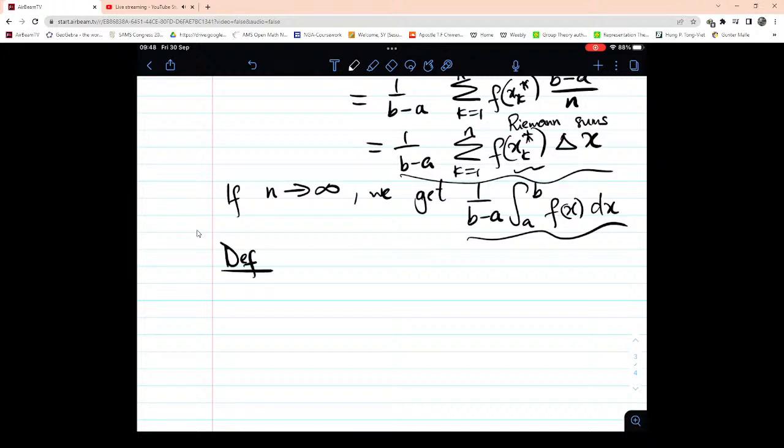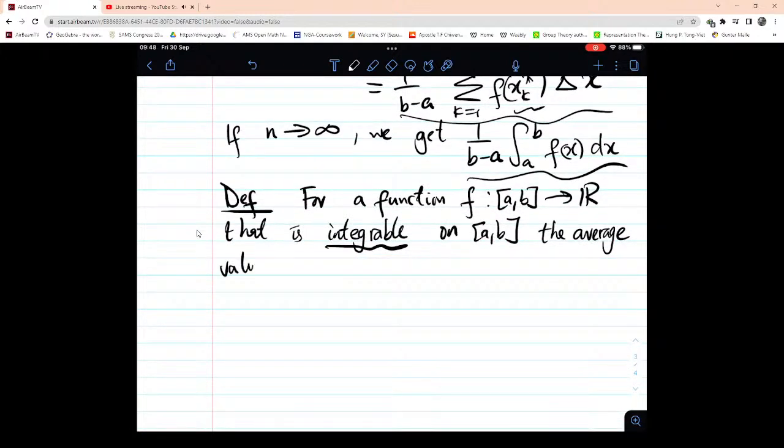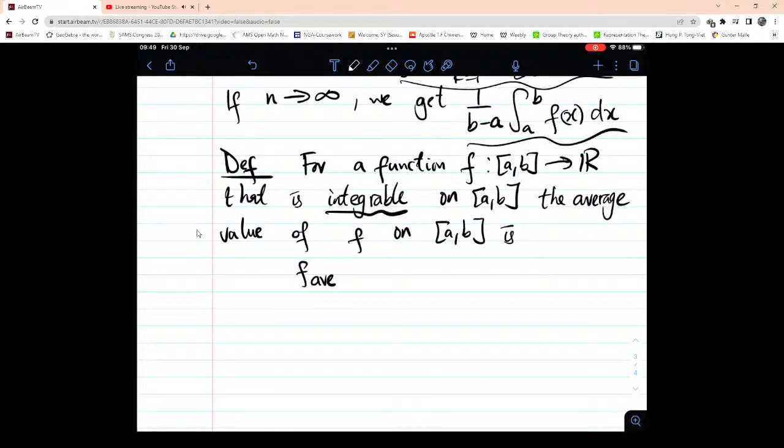So for a function f that is integrable, and this is quite important in this case, the average value of f on the interval is given by f a v is equal to 1 over b minus a, the integral from a to b of f of x dx. So that's how we find the average.